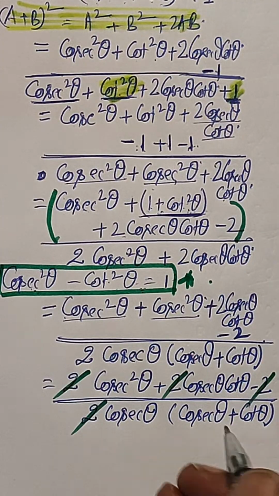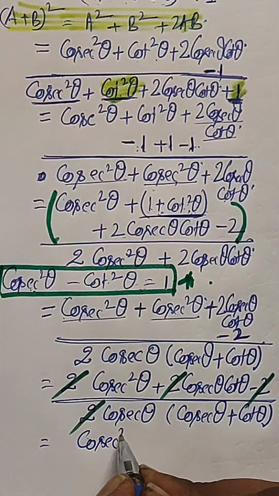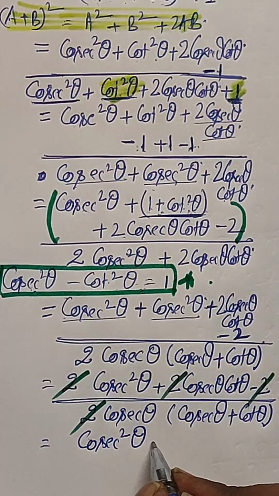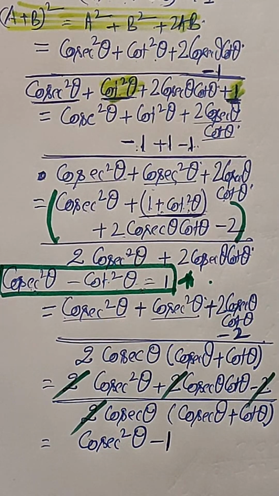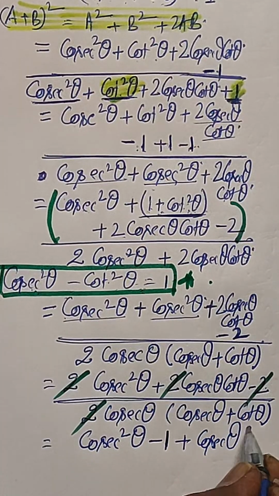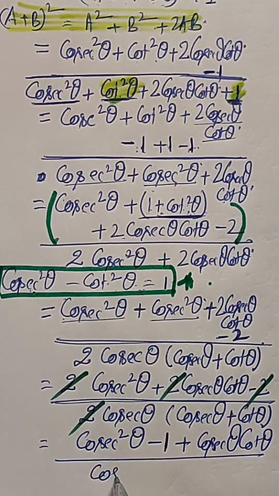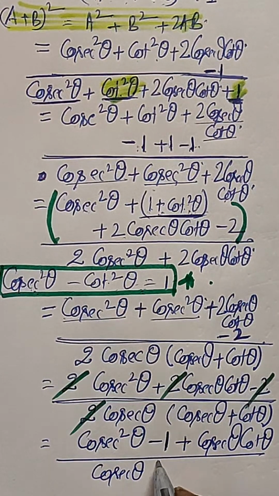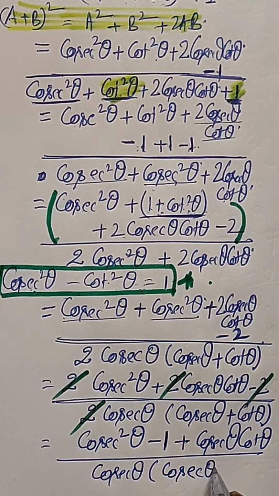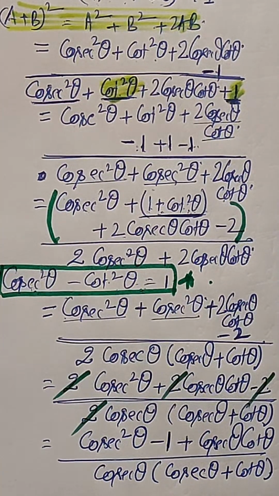So we are left with cosec square theta minus 1, just write it along with cosec square theta, plus cosec theta cot theta, whole divided by cosec theta as common in the denominator, and in the bracket we have cosec theta plus cot theta, right?